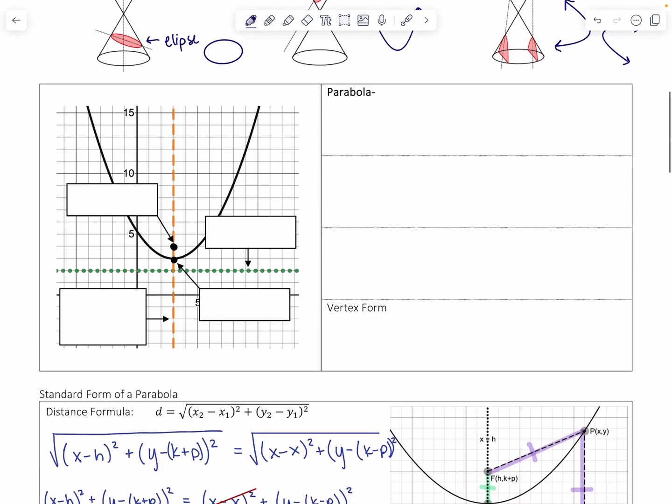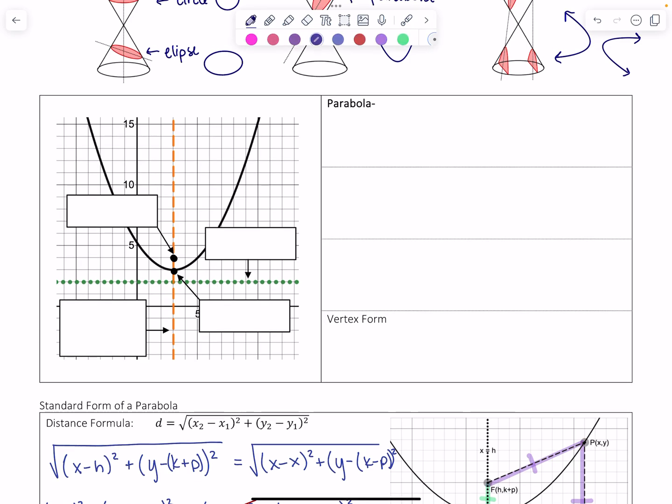So let's label the parts that we do know, because we've been dealing with parabolas for a very long time. We know that we have a vertex, this vertex down here at the bottom of it. We also know that we have an axis of symmetry.